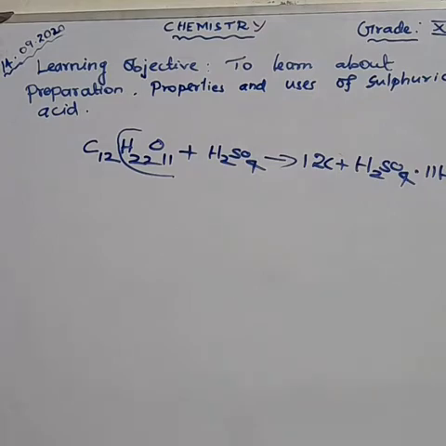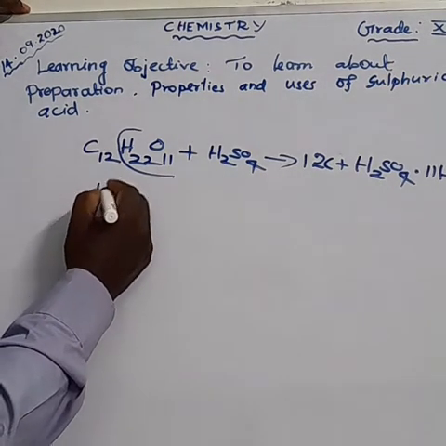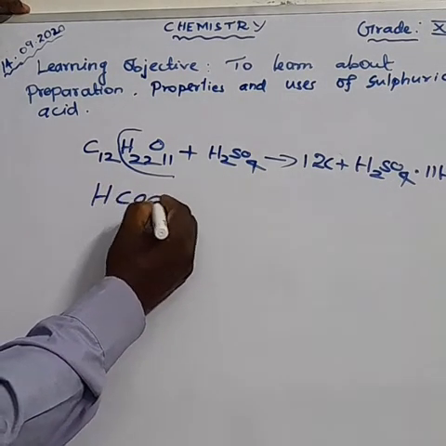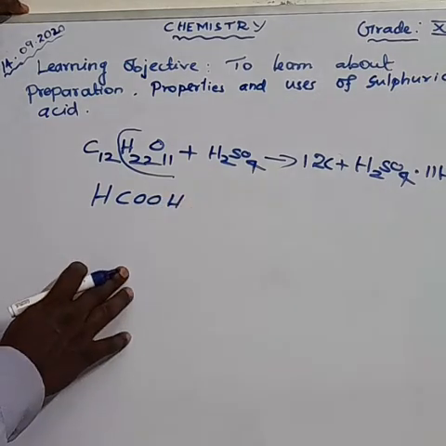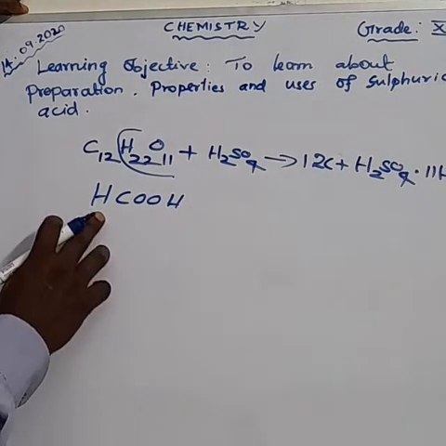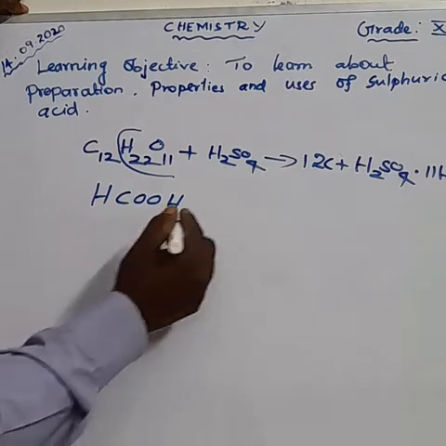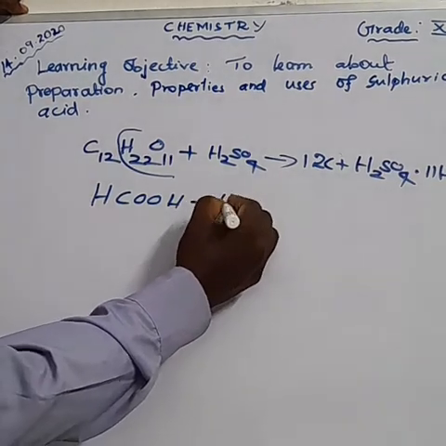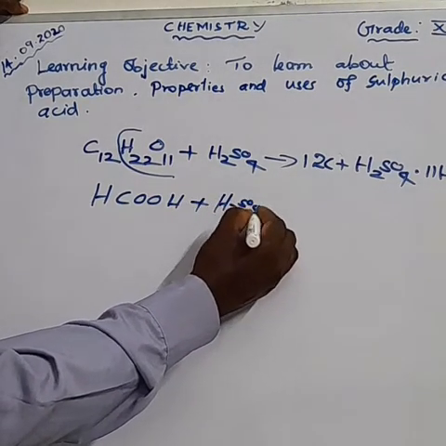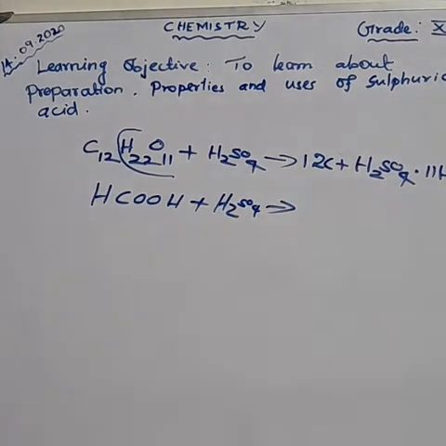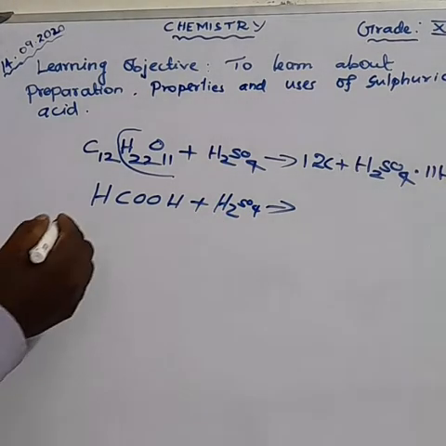Next, formic acid. The formula for formic acid is HCOOH. Here also we add sulfuric acid, which is a dehydrating agent. So what product is obtained?